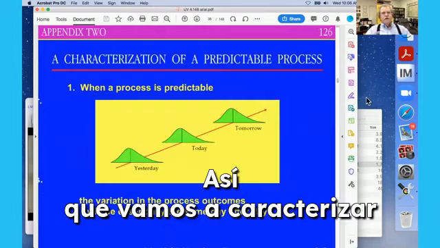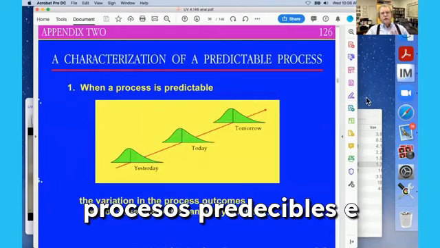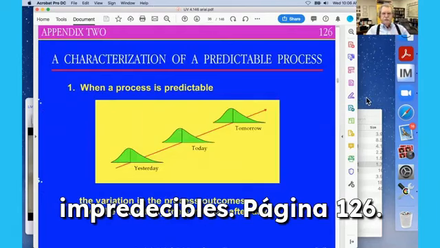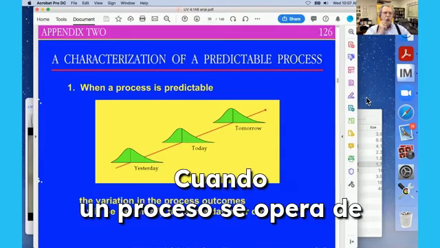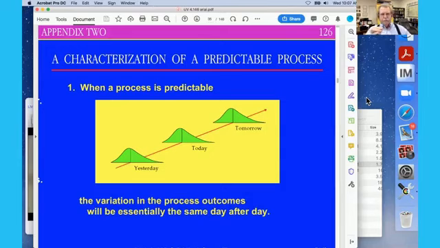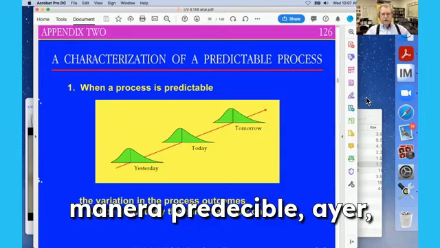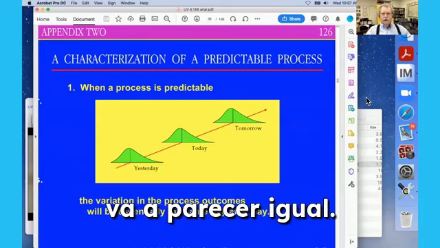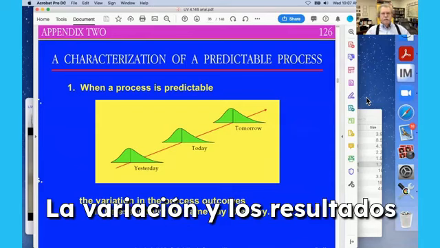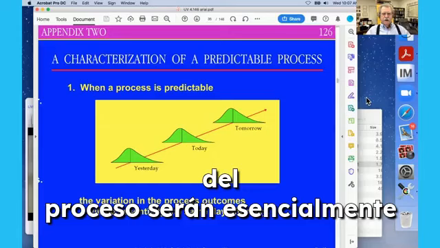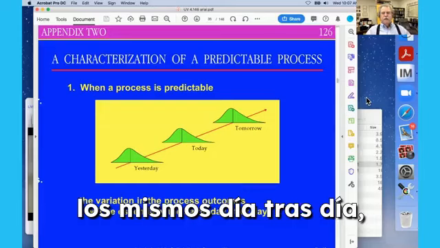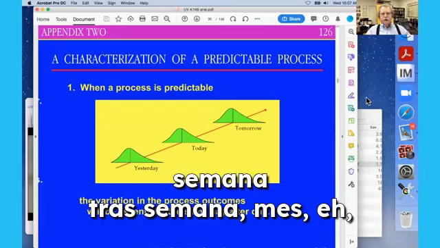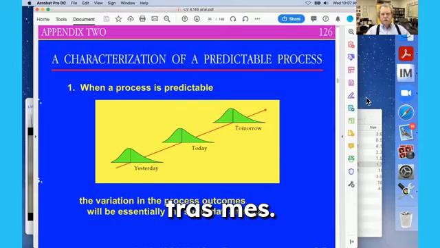So let's characterize predictable and unpredictable processes. Page 126. When a process is operated predictably, yesterday, today, and tomorrow, it's going to look the same. The variation in the process outcomes will be essentially the same day after day, week after week, month after month.